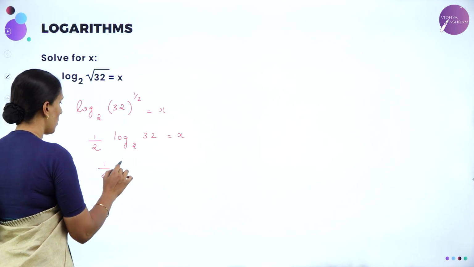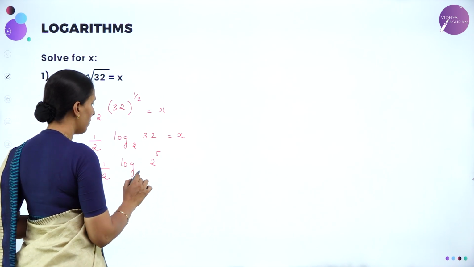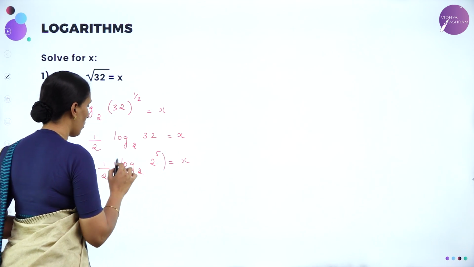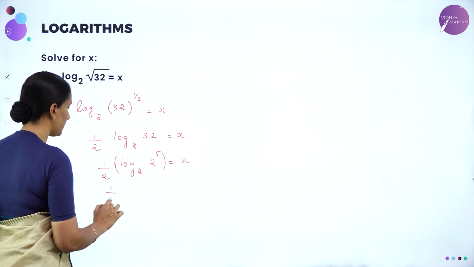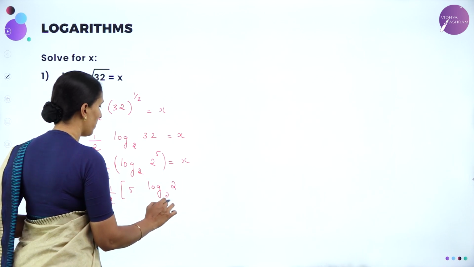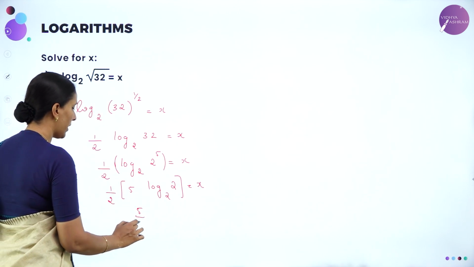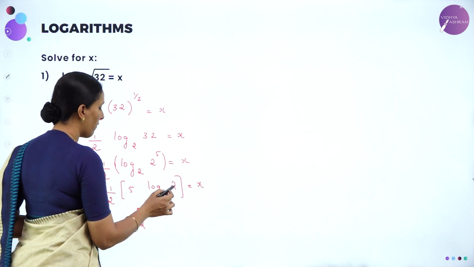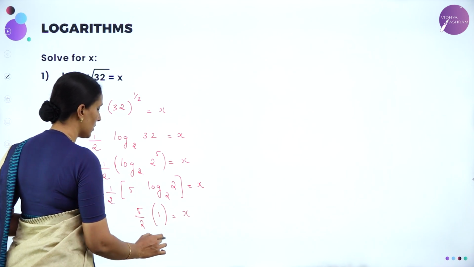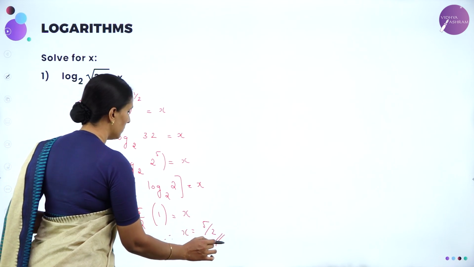Now half log of 2 to the power 5 to base 2 is equal to x. Again using the third law, I can write this as 5 by 2 log 2 to base 2 is equal to x. We know that log of the value with the same base is equal to 1. So this is equal to x. So therefore the value of x is 5 by 2.